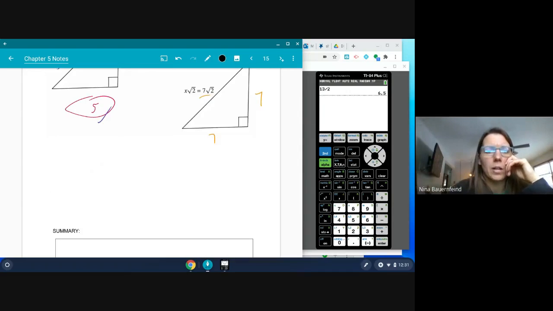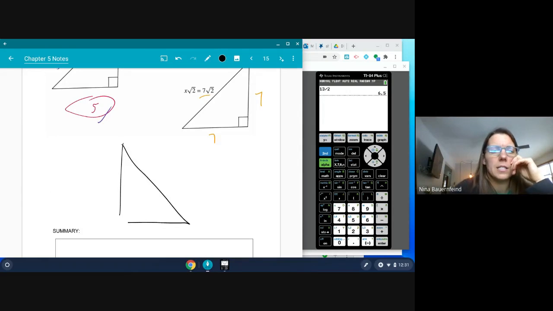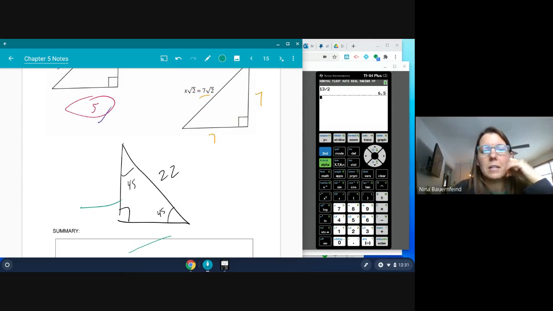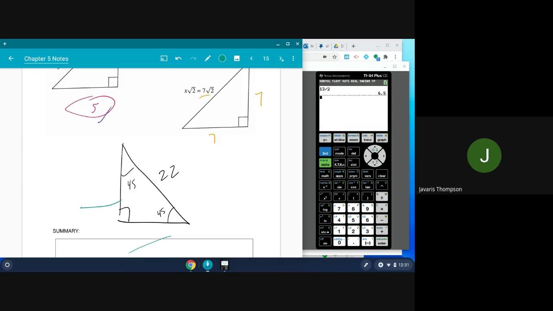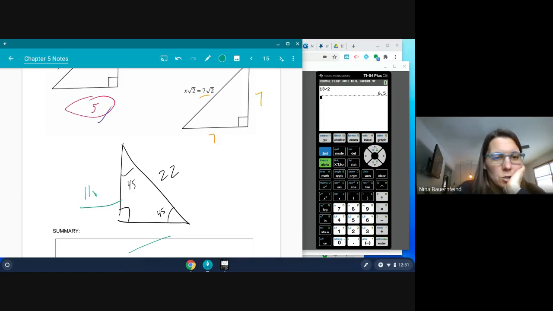Just one more before I cut you guys loose. Let's say we had 22, and this is 45, 45, 90. What is the length of the leg going to be? 11. 11 square root 2 on both of those.